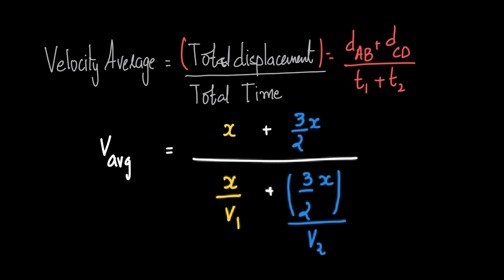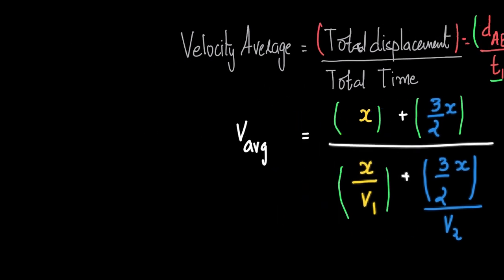Now, what is displacement along AB? x. What is displacement along CD? It is 3 by 2x, right? Now T1 and T2: T1 is x by V1, T2 is 3 by 2x by V2.